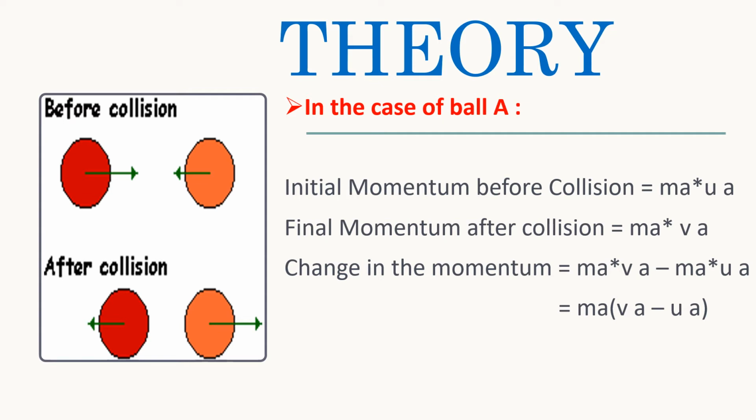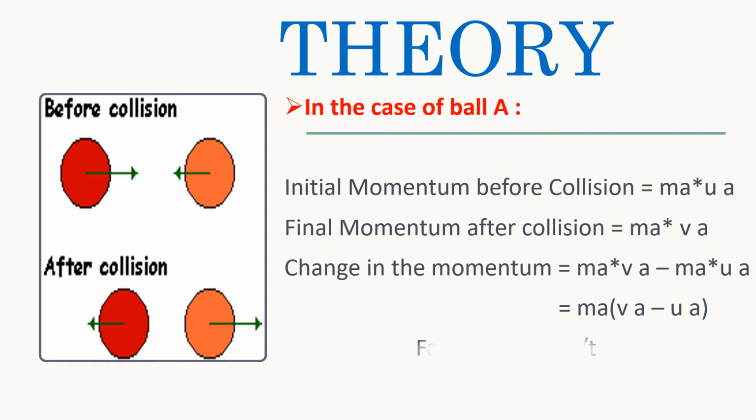According to the second law of motion, the force is proportional to the rate of change of momentum. So we can say that in the case of ball A, the force exerted, Fa, is equal to the rate of change of the momentum.